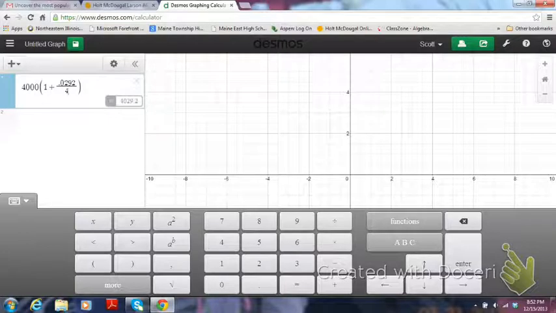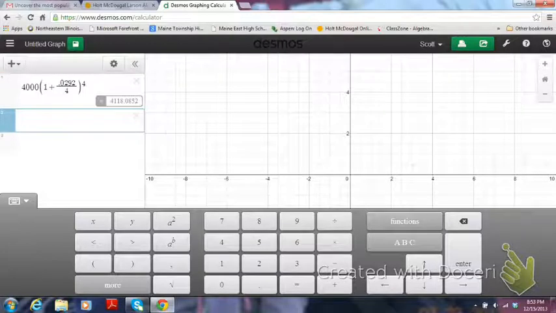Ooh, that's kind of cool. It looks like an actual exponent. Now this whole thing is supposed to be raised to the power 4. So I think I've just typed that in exactly as it needed to be. If I hit enter, I get that final amount.